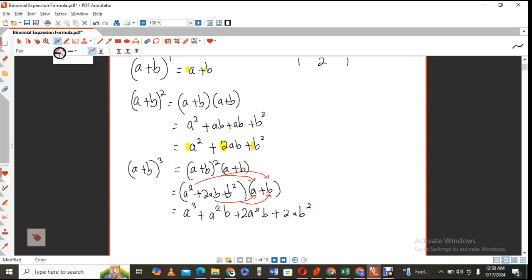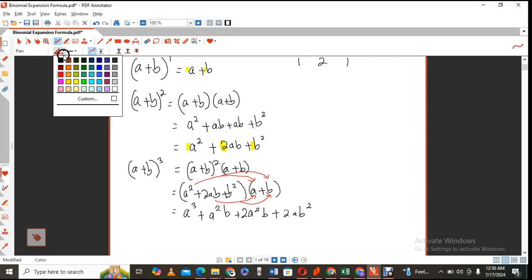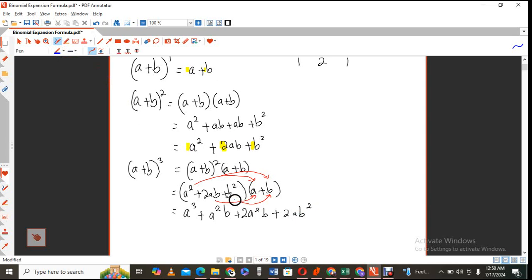Let's take the last term, namely this b squared term over here. We're going to multiply it with the a and with the b, and then we see if there are like terms that can be collected. So b squared times a is going to be ab squared, and b squared times b is simply going to give you b cubed.